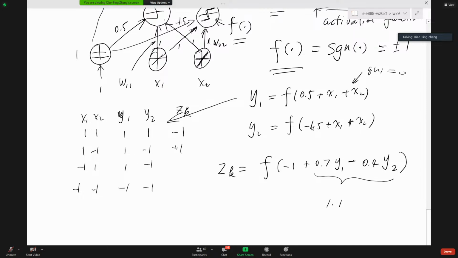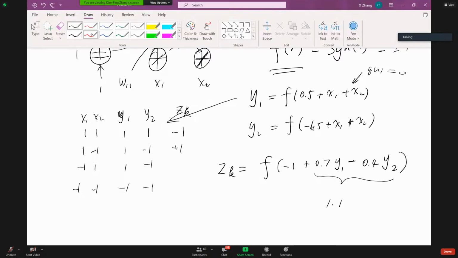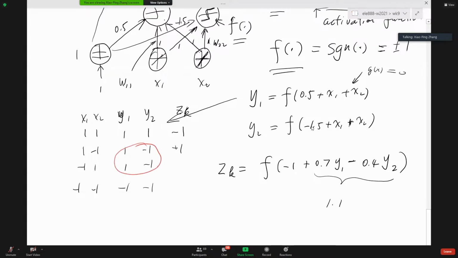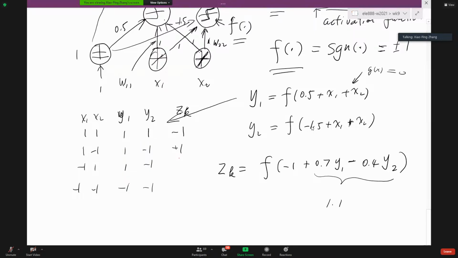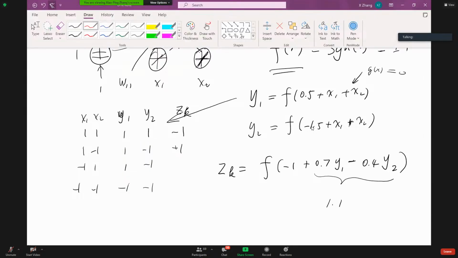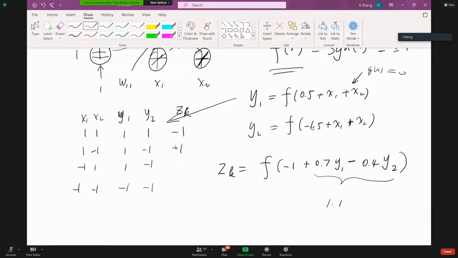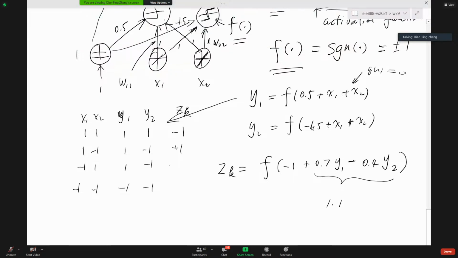Both of them, you see, you get 1 minus 1, so both of them would map to plus 1, right?